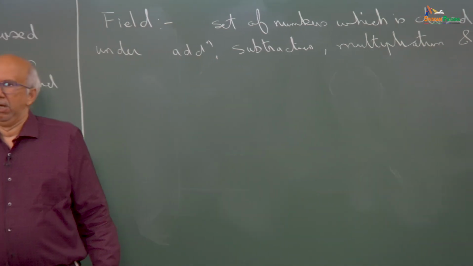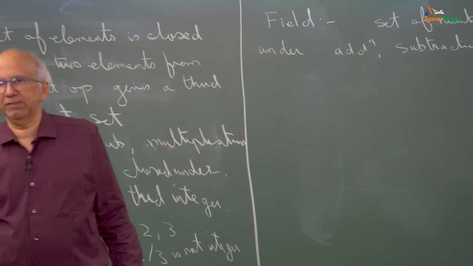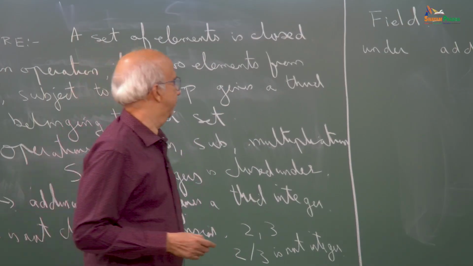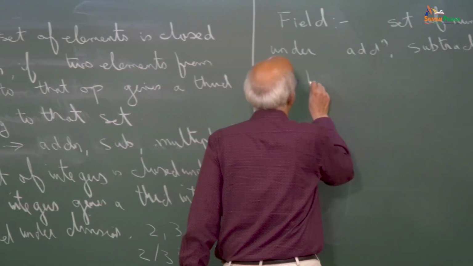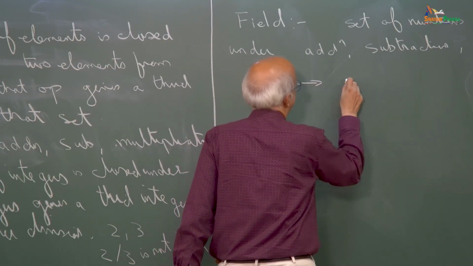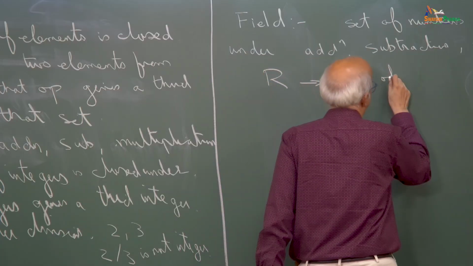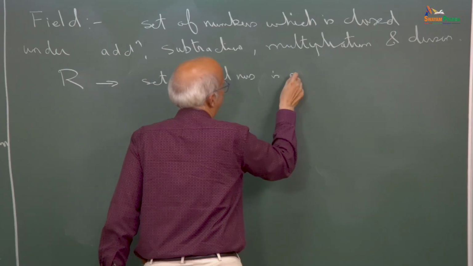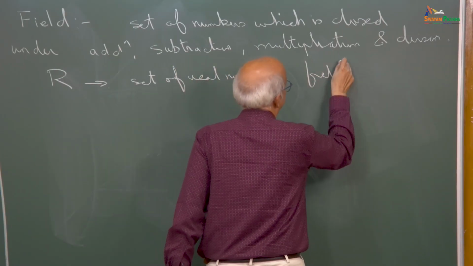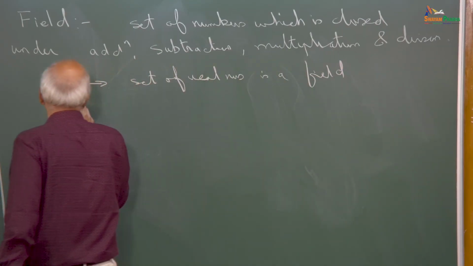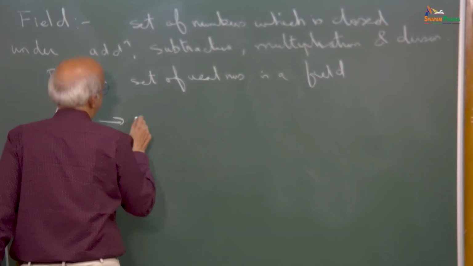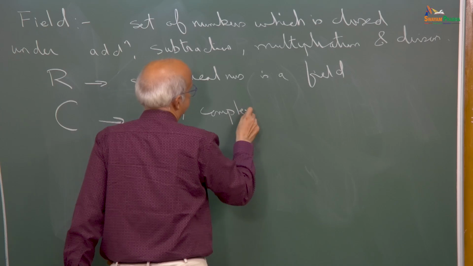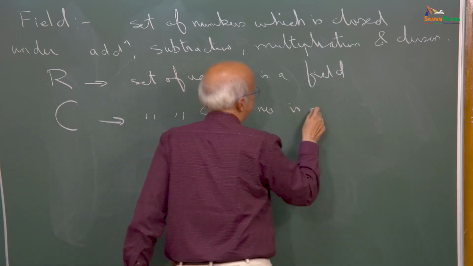So an example of a field is the set of real numbers. R, the set of real numbers, is a field. Similarly, C, the set of complex numbers, is a field.